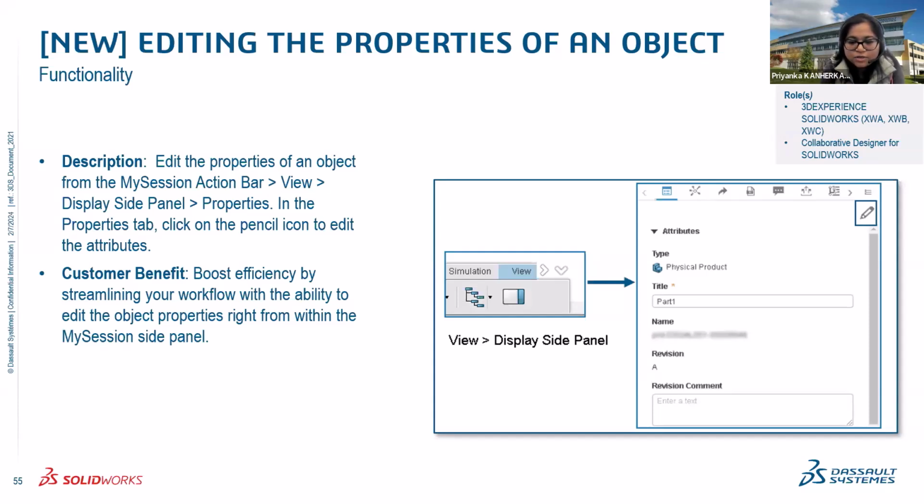If you go to properties, you can now see a pencil icon by which you can edit the properties of the objects. All in all, this capability would help boost the efficiency of our users by streamlining the workflow, giving you the capability to edit the properties right from the My Session side panel.